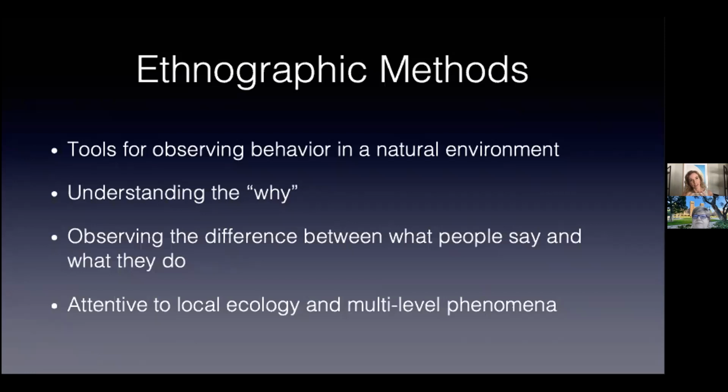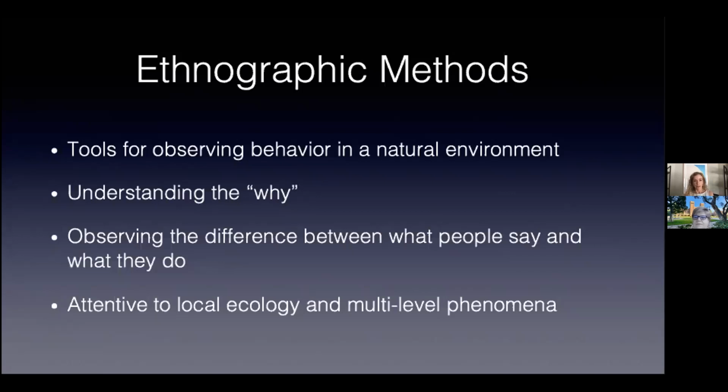Because we all maybe have a cognitive model for how we do things, but once we get out into the world, that may or may not exactly fit how things happen. So ethnographic observation and methods related to that can be very helpful in capturing those differences, and those differences can be really important, particularly when you're talking about setting up a scenario for behavior change as an implementation.